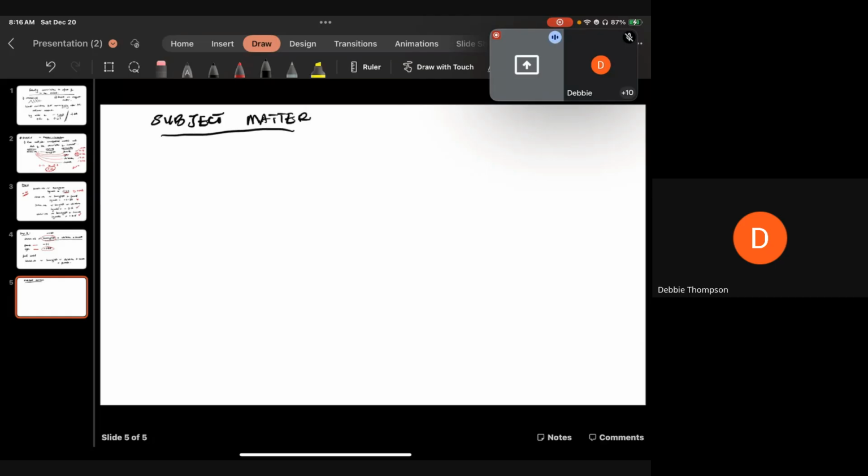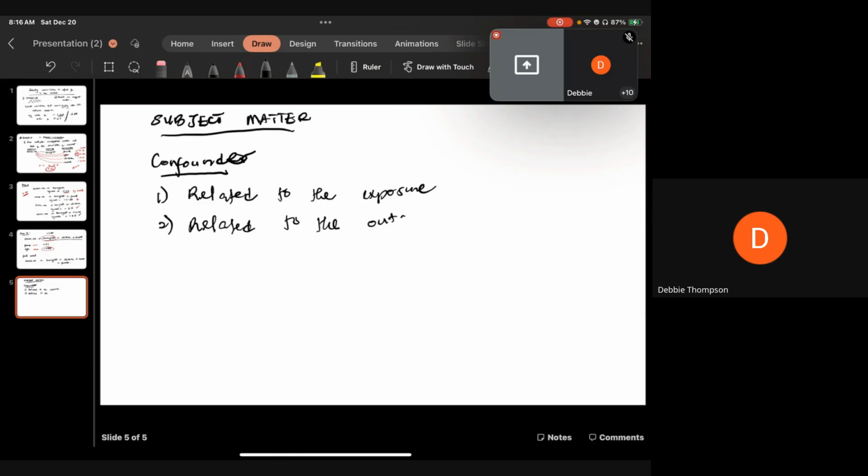Now, if you remember what we said a confounder is, we said that a confounder is a third variable that is related to the exposure, related to the outcome, and not on the causal path.